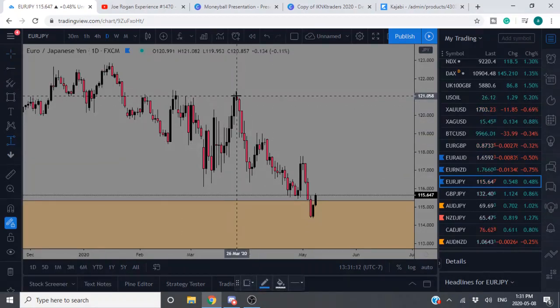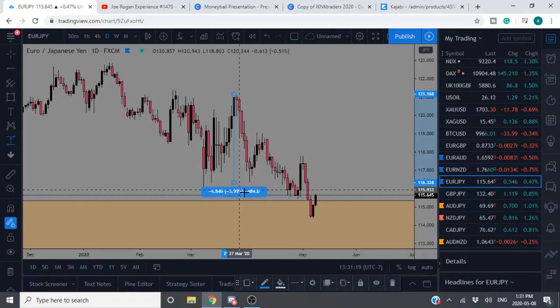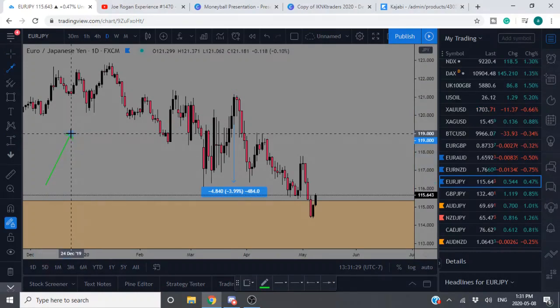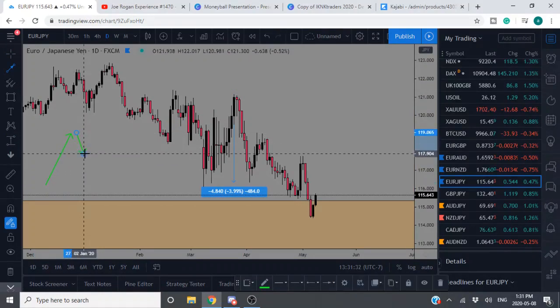When prices started to fall from here, how far did prices go? It went 480 pips. That's the imbalance. What was the corrective move? For those that don't know what the corrective move is, it's pretty simple.